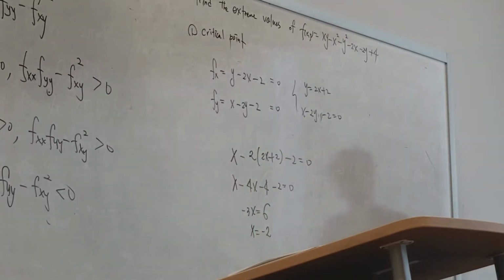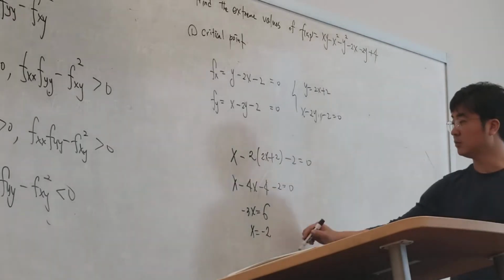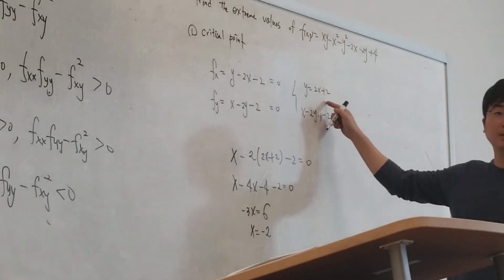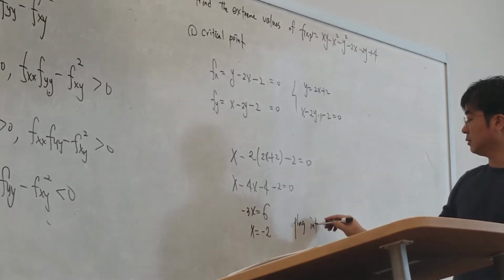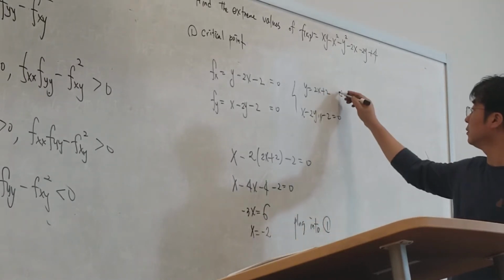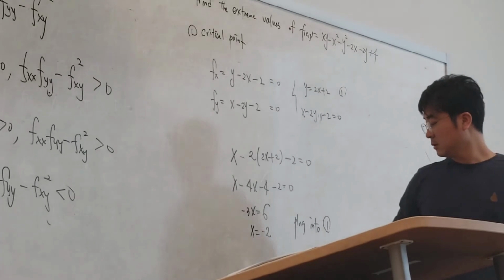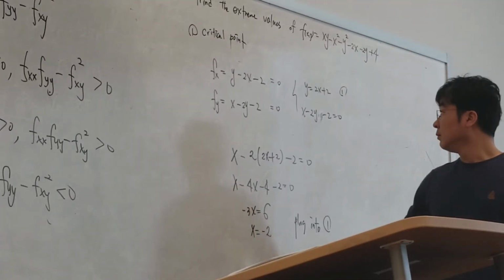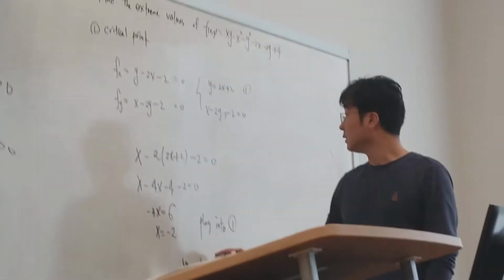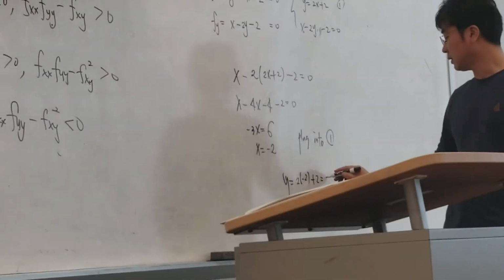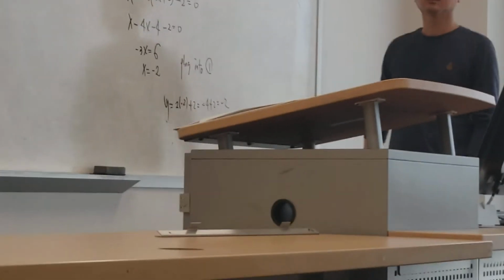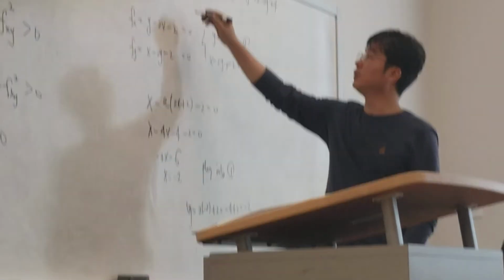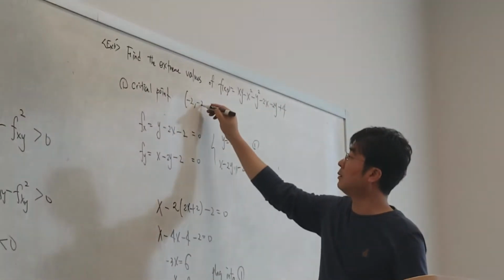That's what I have. And then we're plugging back into the first equation to get the y value. So y will be 2 times minus 2 plus 2, which is minus 2. So we found my critical point, minus 2 comma minus 2.